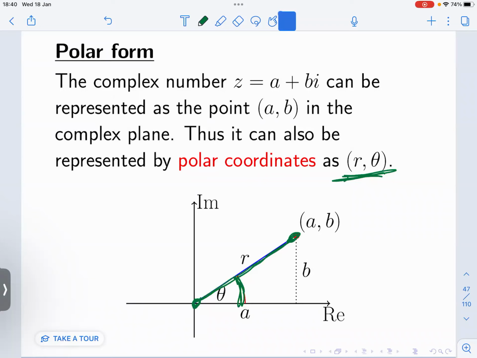Now from this, if we recall our trig ratios, we remember that cos theta in this case is given by the adjacent side over the hypotenuse. So we're going to get a over r. And sine theta is given by the opposite side over the hypotenuse. So this is just b over r.